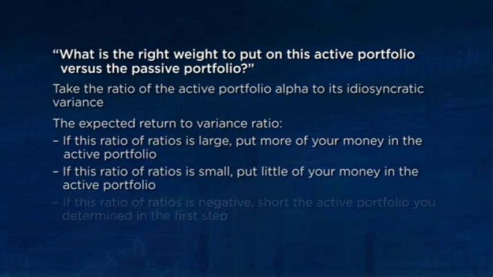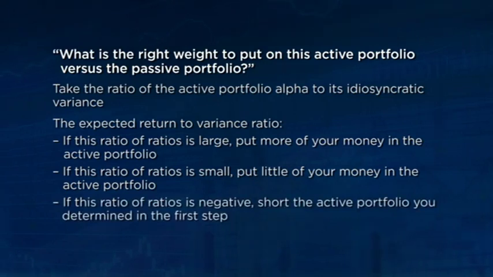In some cases, by the way, the ratio of ratios will be negative. This means that you are going to want to short the active portfolio. And every now and then you're going to have some negative weights in the active portfolio. If you're going to short the active portfolio, a negative weight means that you're going to be taking on a long position in those securities.